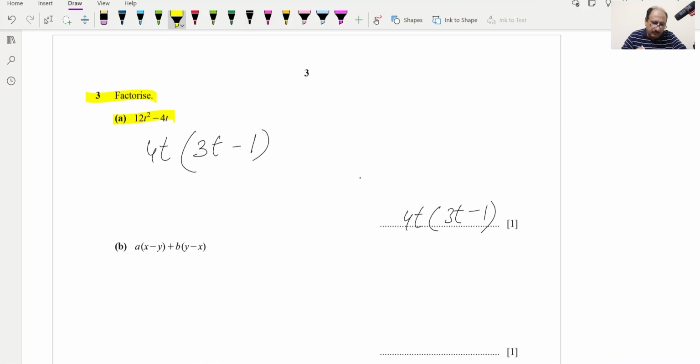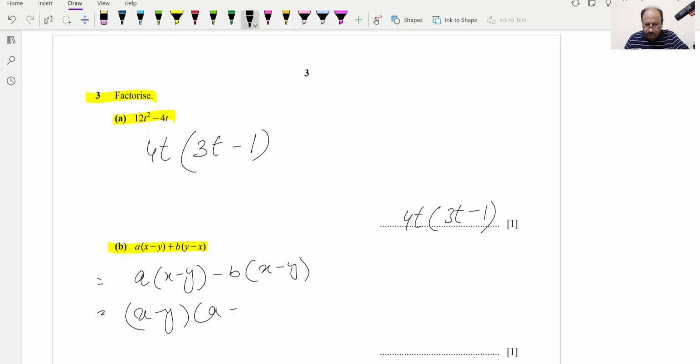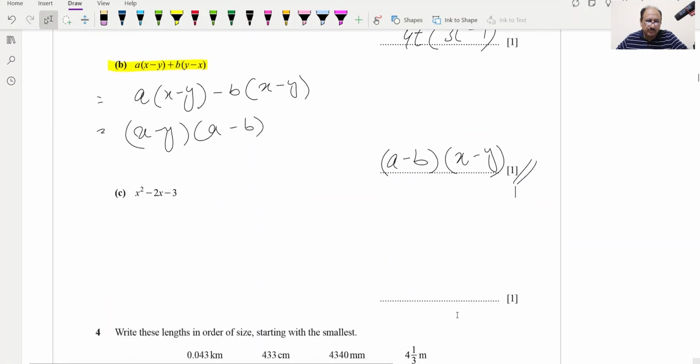And for part b, we can rewrite it as a into x minus y, and minus b into x minus y. Now x minus y is common in both, so we can take x minus y as common, and our answer will be a minus b into x minus y. This is also a 1 mark part which we are done.